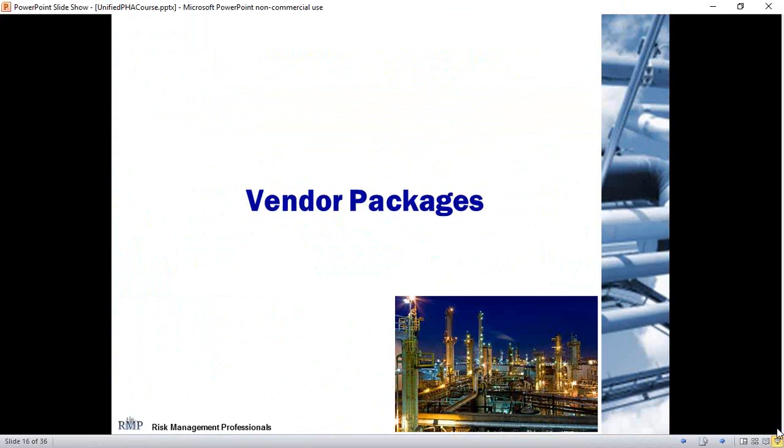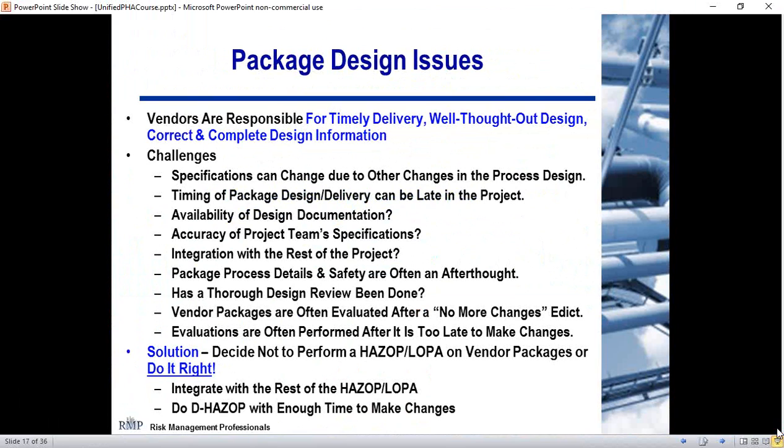Now you've got a situation where people are trying to maintain project schedules, minimize costs, and they do that by partitioning out pieces of the unit to specialists, basically by making a lot more vendor packages. So the real challenge is how do you integrate those vendor packages and make sure that your design has minimal weaknesses in it. Well, the vendor is responsible for timely delivery, well thought out design, and correct and complete design information.